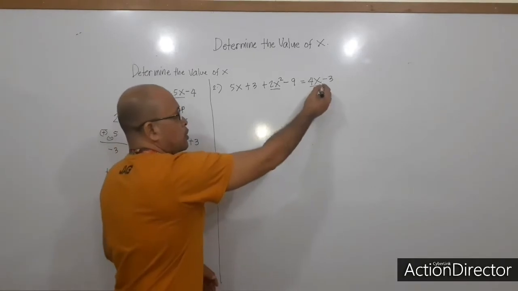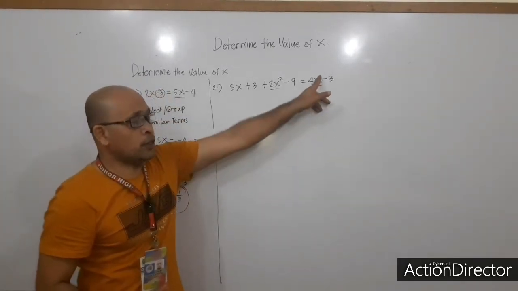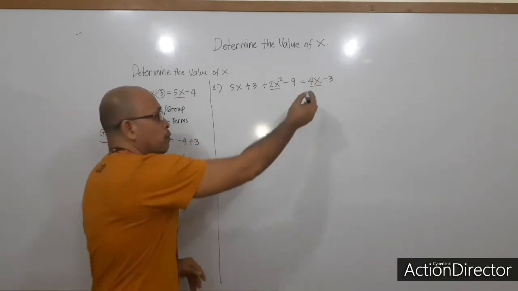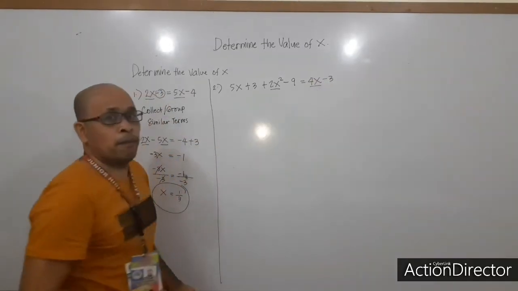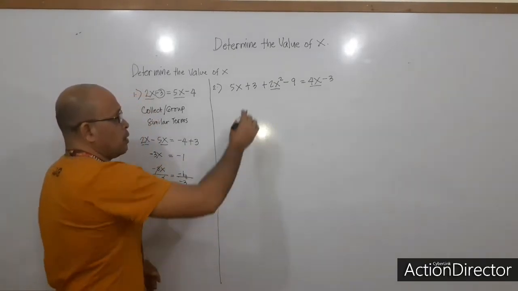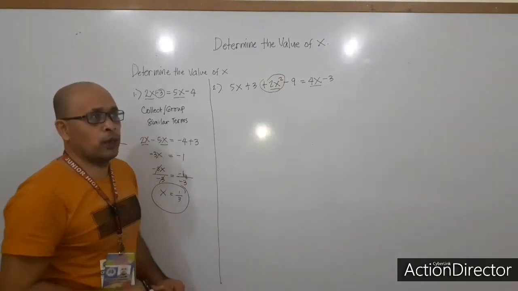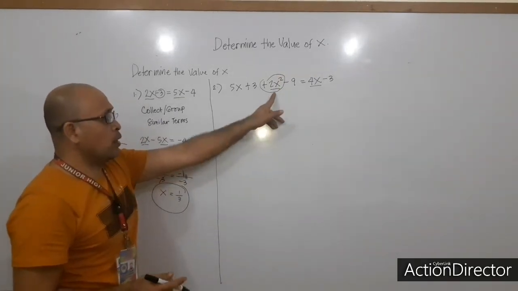And this one is also 4x, a linear term, since the exponent here is automatically positive 1.